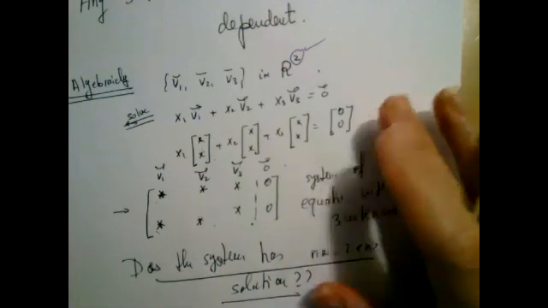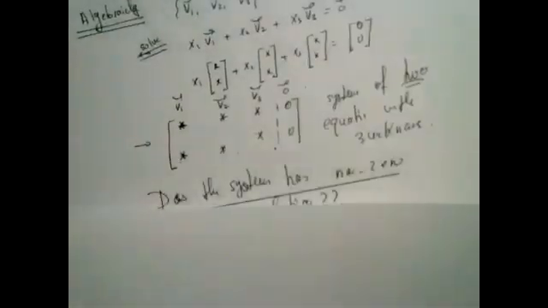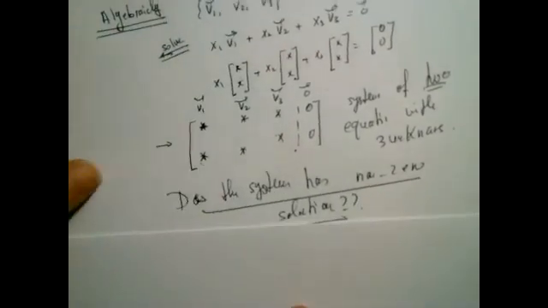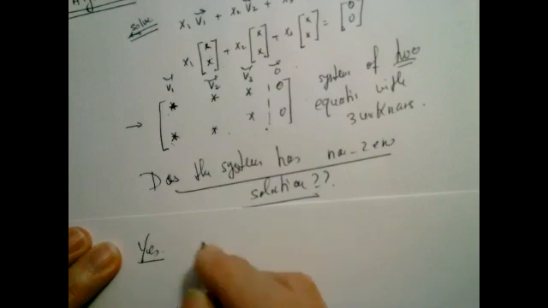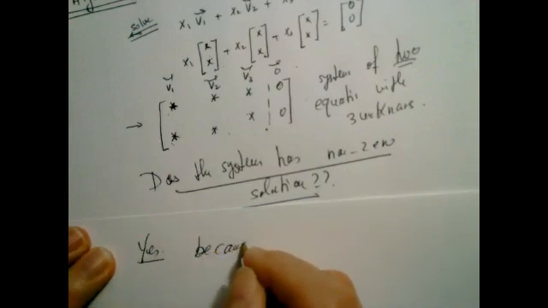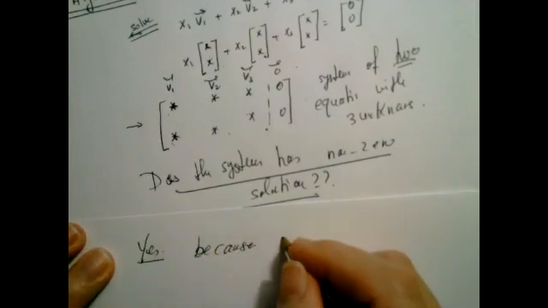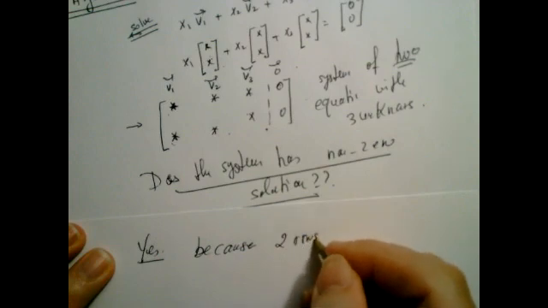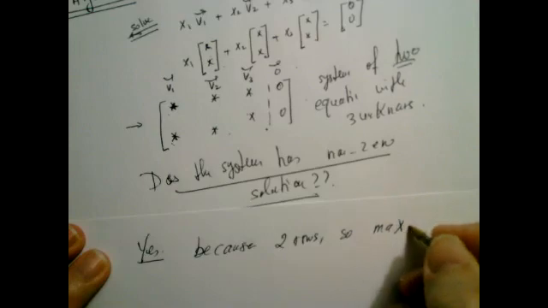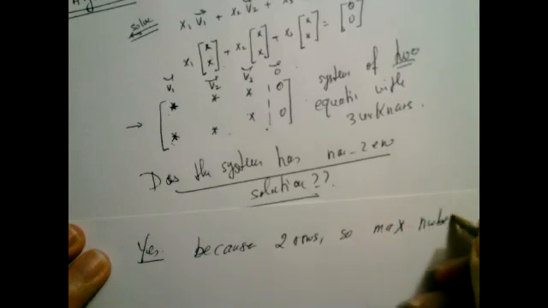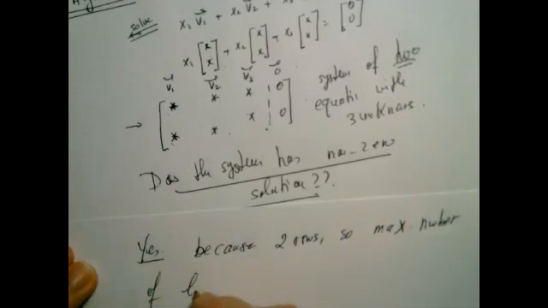So does the system have a non-zero solution? The answer is absolutely yes, because we have only 2 rows, so the maximum number of leading entries is going to be 2. I cannot have more leading entries.